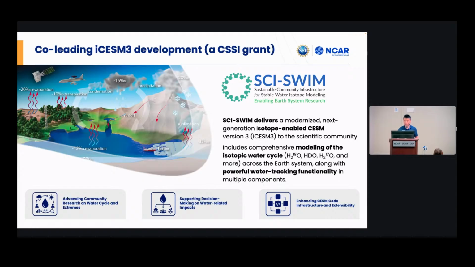This comes from communication with the community multiple times. Every time we seek input from the community, isotopes is at the top of the list. So we are really happy that we found the funding resources to do this.